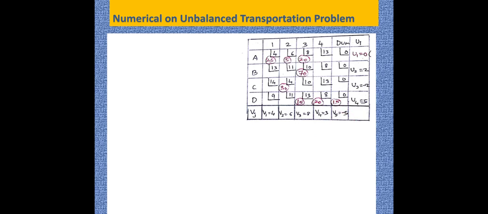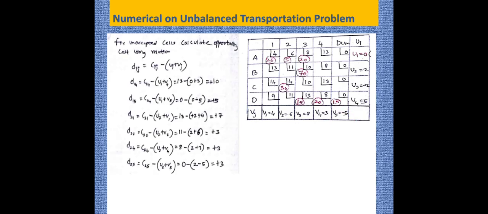Now I need to calculate the opportunity cost for unoccupied cells, that is dij. d14 is equal to c14 minus u1 plus v4, that is nothing but 13. Here u1 is 0 and v4 is equal to 3. So which is coming is equal to 10.